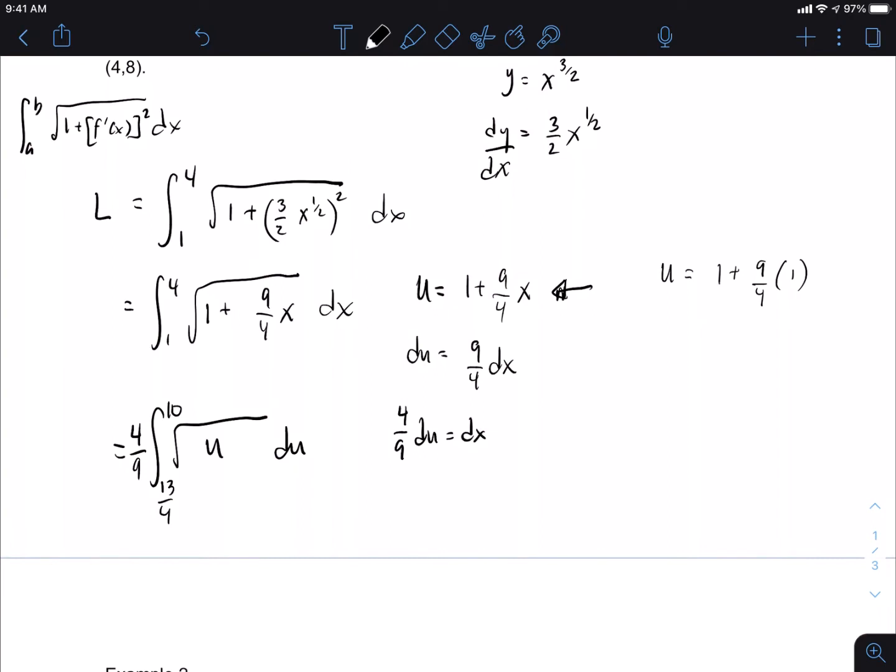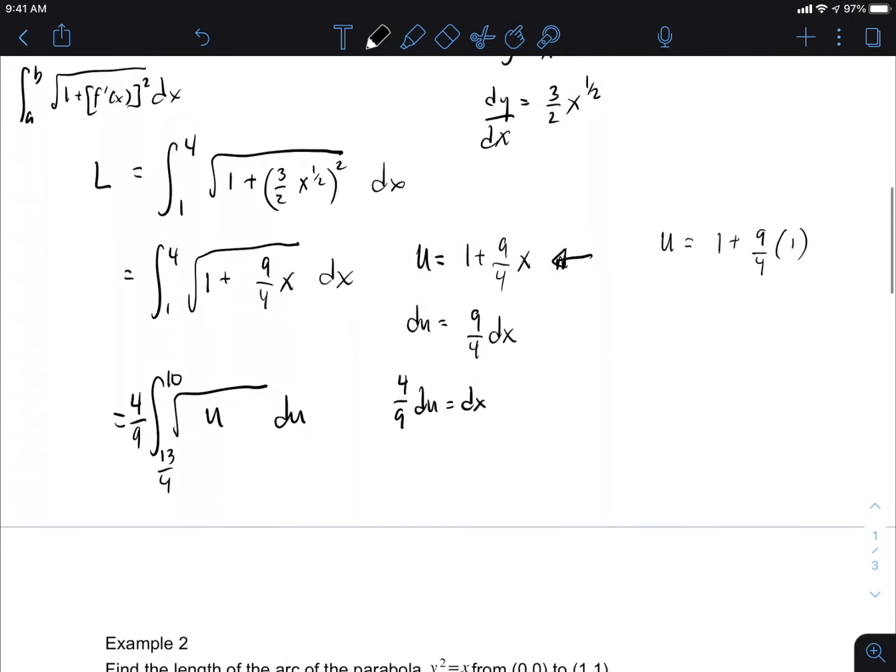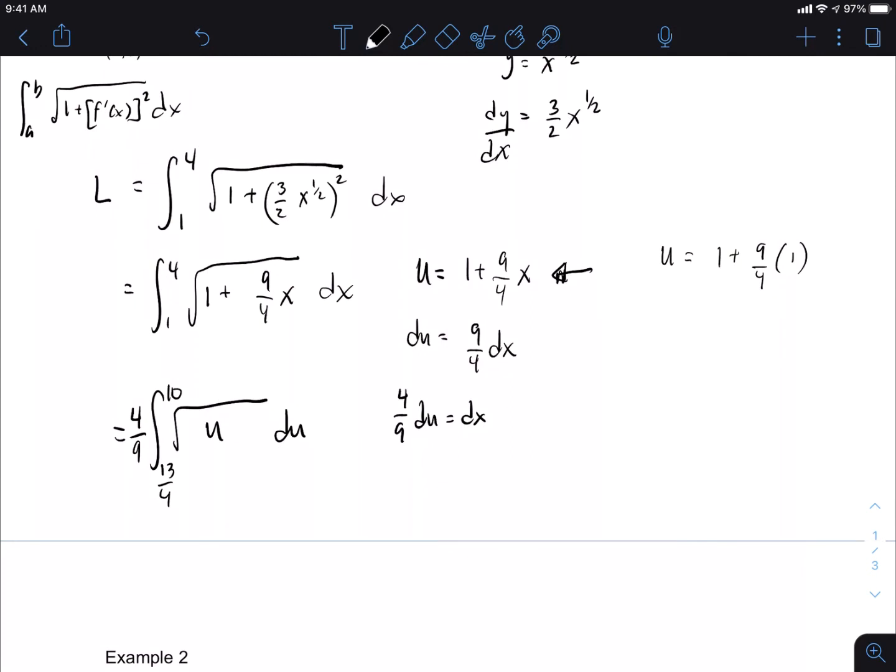That's crazy. Okay, so now I need to integrate, right? When I integrate this, it's u to the 1/2, so I'm going to get u to the 3/2. There's going to be a 2/3, multiplied by 4/9. Then I'm going to evaluate that at these values, correct?